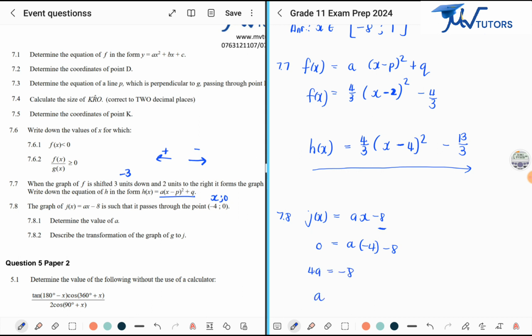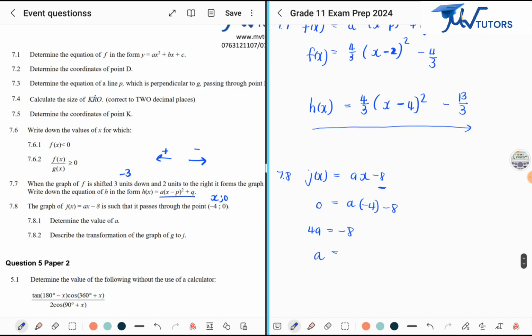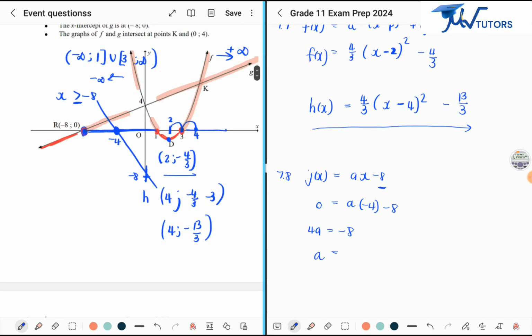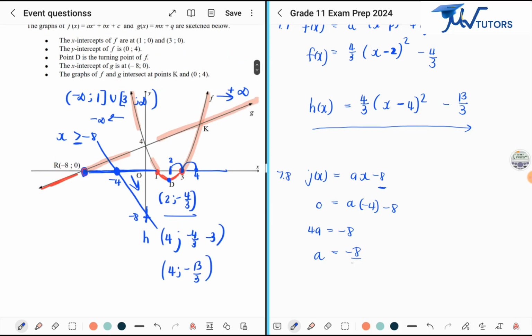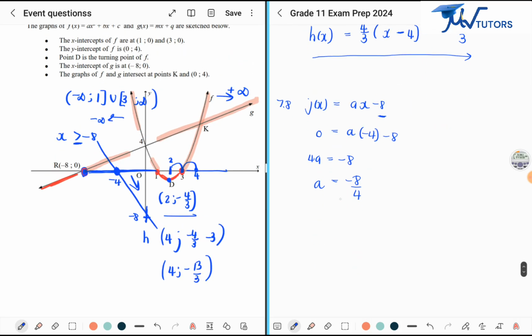So a, which is the gradient of the line, we are expecting it to be negative because it's going down from left to right. So then we have negative 8 over 4, that's basically going to be negative 2. And that's the value of a. If you wanted to write down the equation, you can do that: negative 2x minus 8.